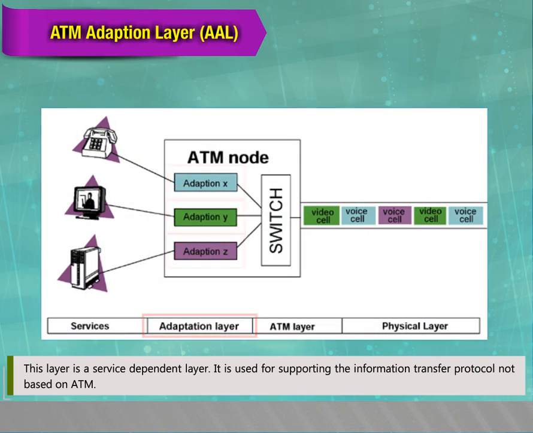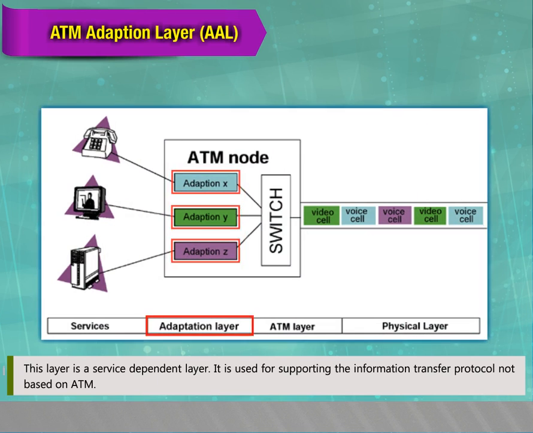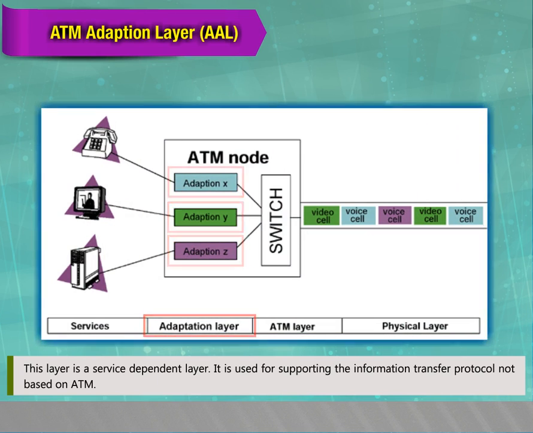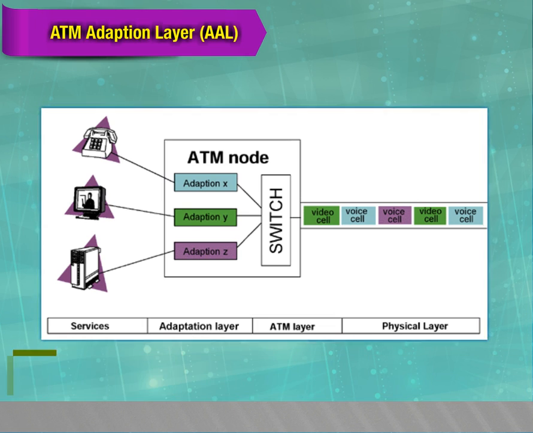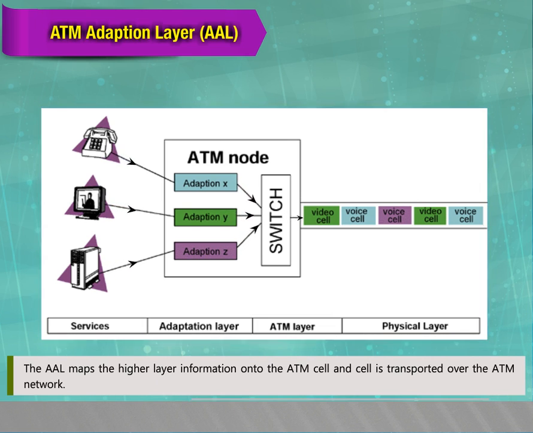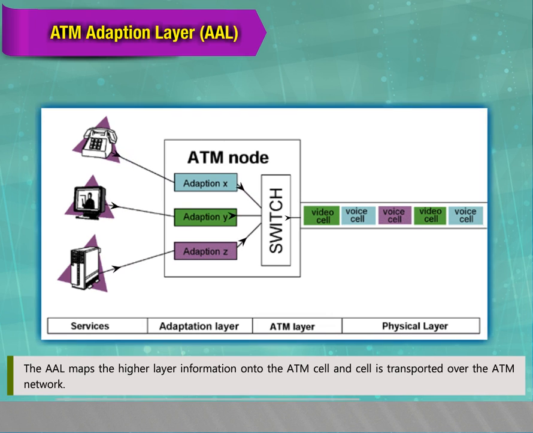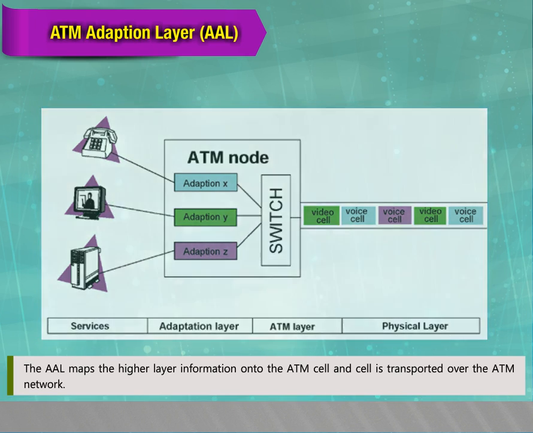This layer is a service-dependent layer. It is used for supporting the information transfer protocol not based on ATM. The AAL maps the higher layer information onto the ATM cell, and the cell is transported over the ATM network.